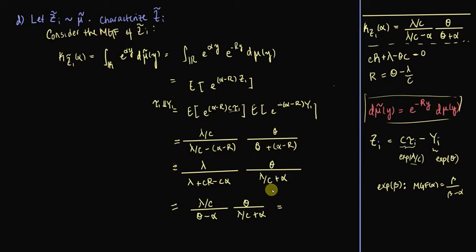Okay, and if we just move things around a little bit, you get theta divided by theta minus alpha multiplied by lambda divided by c over lambda divided by c plus alpha. And you actually see that this kind of reminds you of something that we've seen before. It kind of reminds us of the moment generating function of z1. However, it is not the moment generating function of z1 in alpha, but in minus alpha.